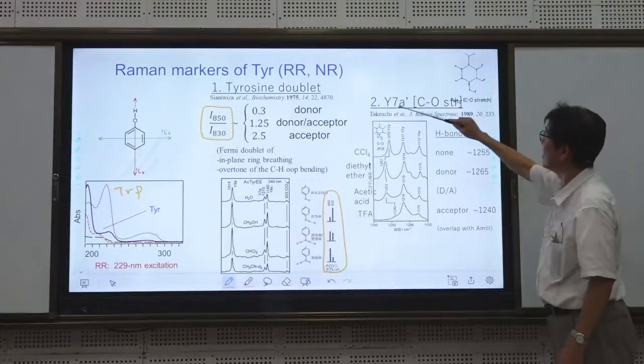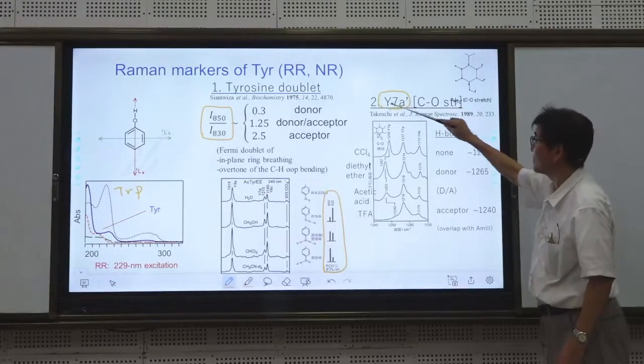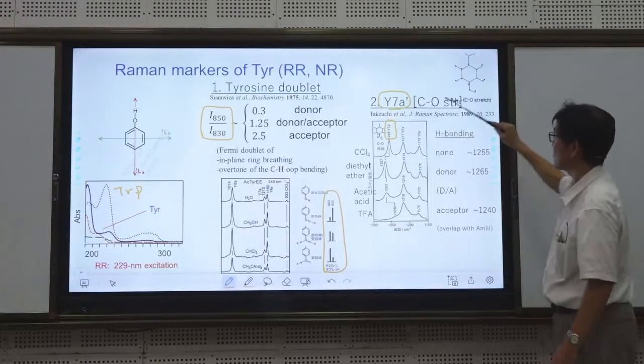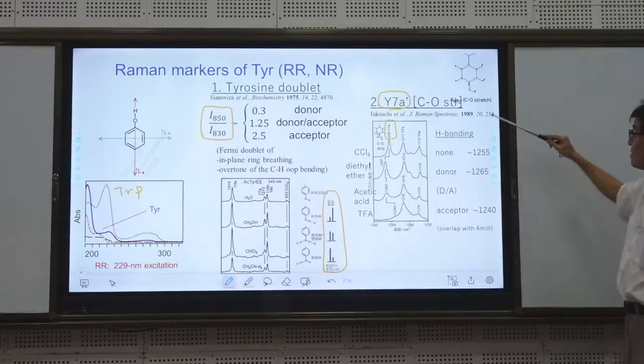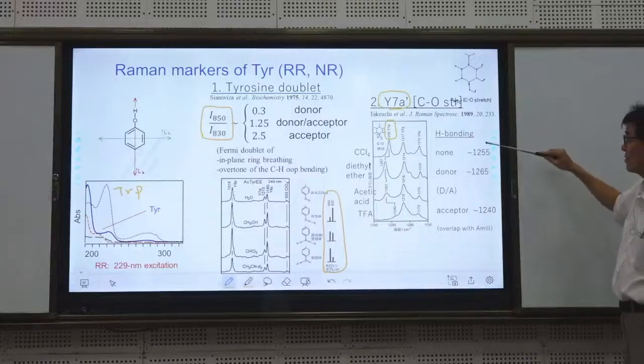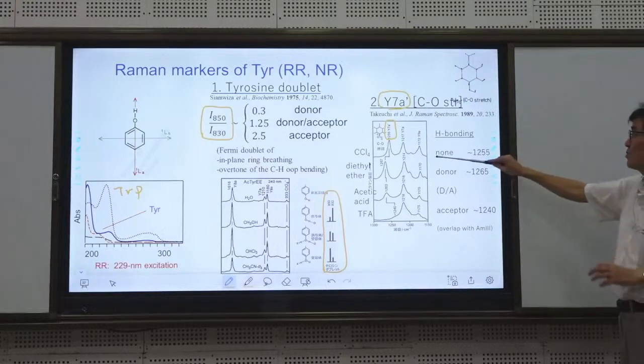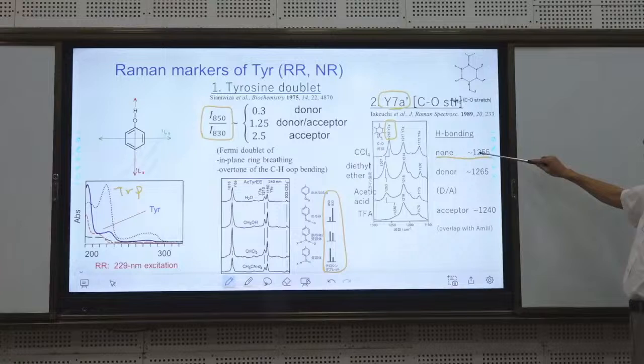Also the peak at so-called Y7A prime, CO single bond stretch. The peak position changes depending on the hydrogen bonding. So if it is isolated and there is no hydrogen bonding, it is 1255.